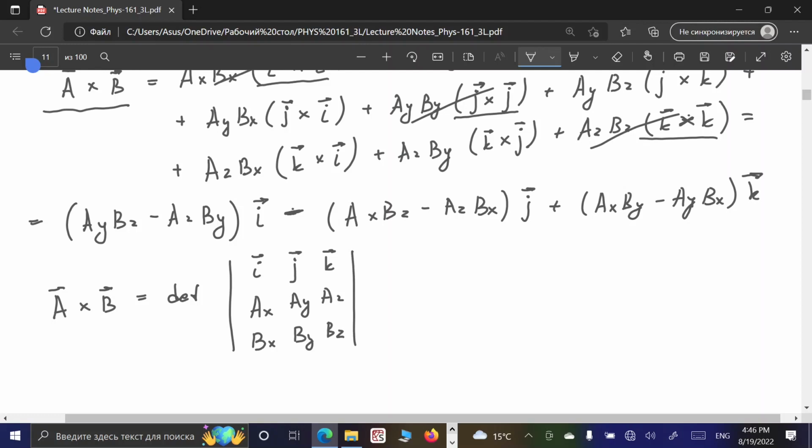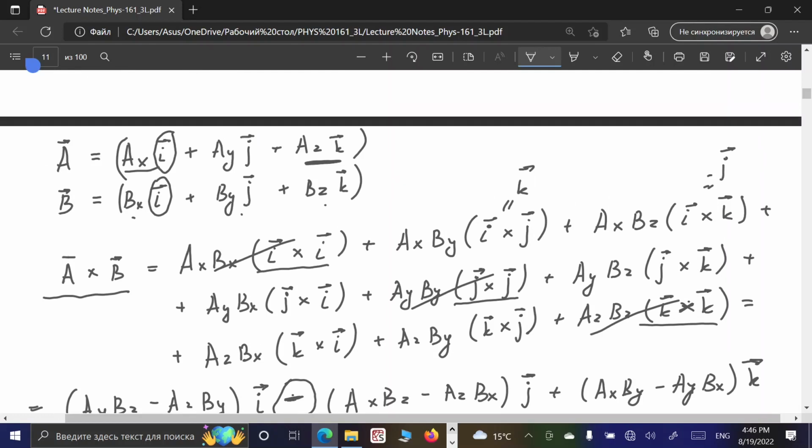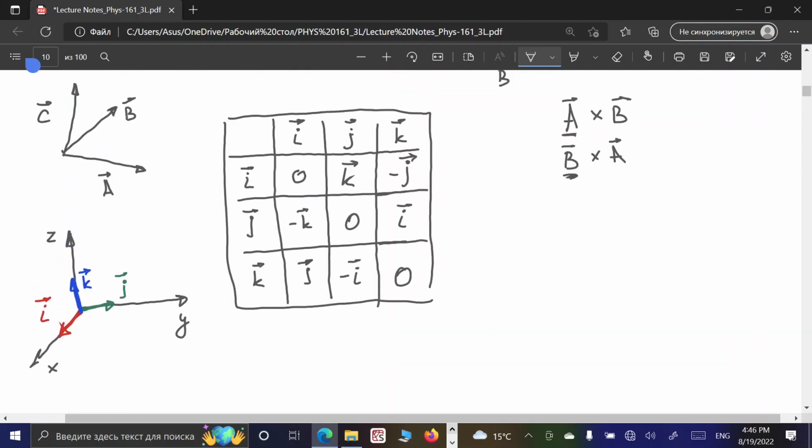Just keep in mind that when you get this determinant, you need to remember about this minus, because this minus originates from the fact, if we look at this table, that we sometimes have negative values of the cross product of two unit vectors, depending on their orientation with respect to each other.